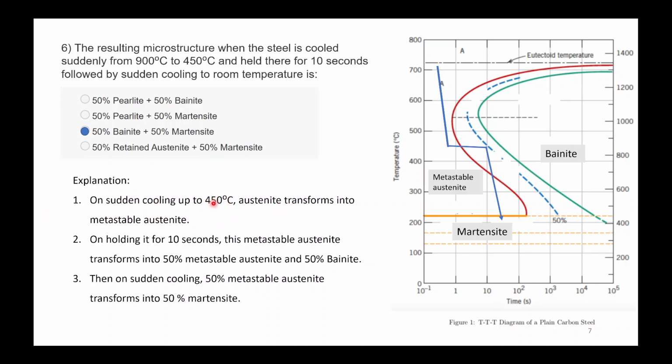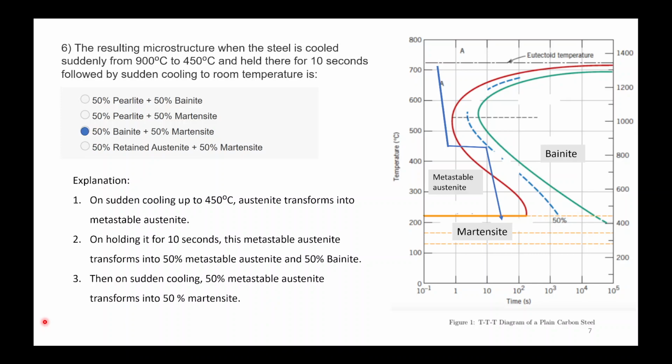First, at 450 degrees Celsius, your entire austenite is converting into metastable austenite. Then on holding it for 10 seconds, this metastable austenite transforms into 50% metastable austenite and 50% bainite. Then on sudden cooling, your 50% metastable austenite transforms into 50% martensite.